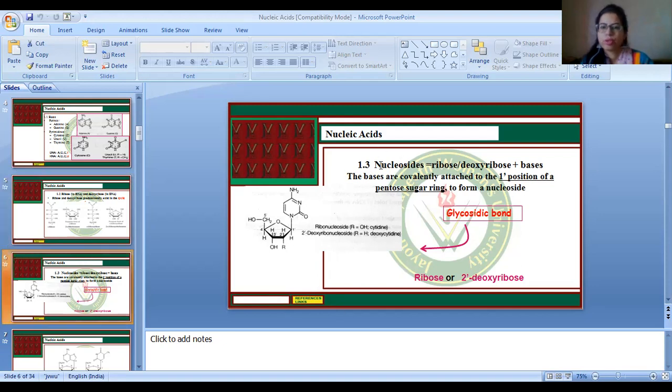As I have told you already in the previous slide, a nucleoside has only ribose or deoxyribose sugar along with a nitrogenous base. These two components bind to each other, and the nitrogenous base is attached at carbon number 1 of the pentose sugar. This bond is known as the glycosidic bond.